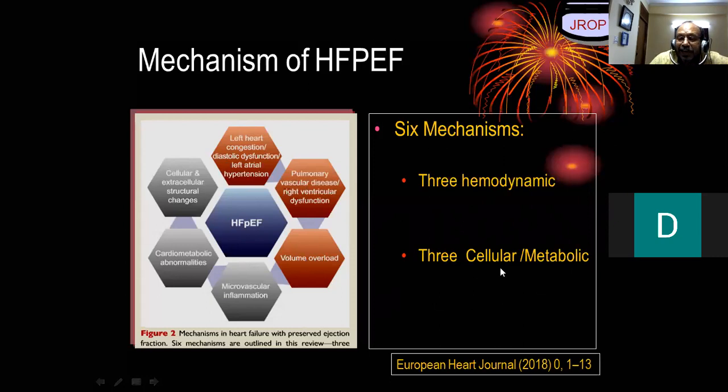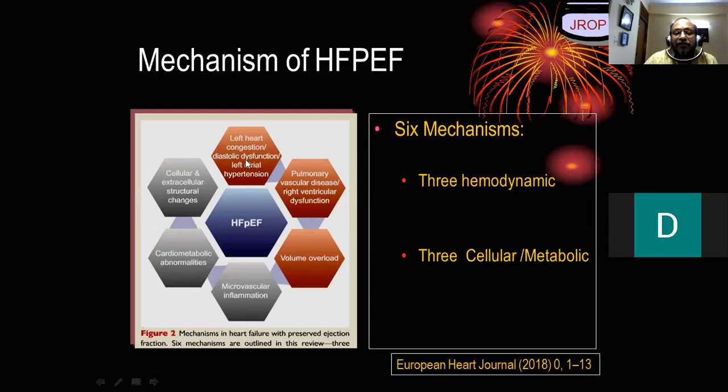They belong to the cellular and metabolic categories. They do not have heart failure congestion. The congestion comes secondary to these cardiometabolic abnormalities. So that's the major difference.